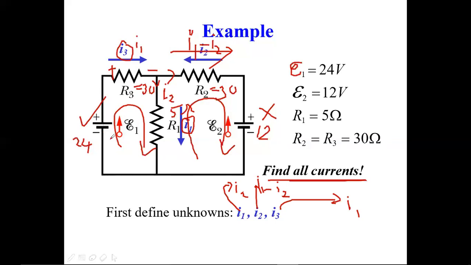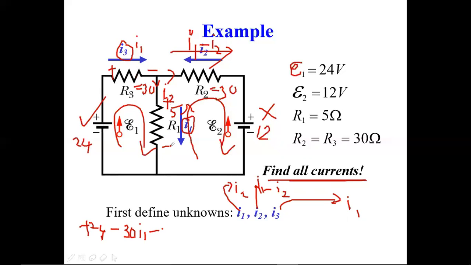From here I used to follow the leaving sign: plus 24. My leaving sign is plus 24. Then my leaving sign of the voltage drop here is minus 30 into I1. Next, here the leaving sign is minus 5, plus and minus, right?